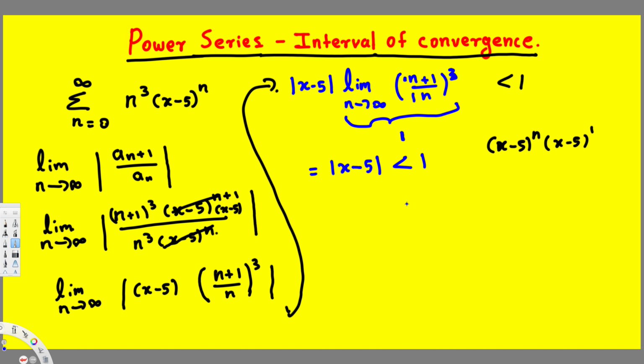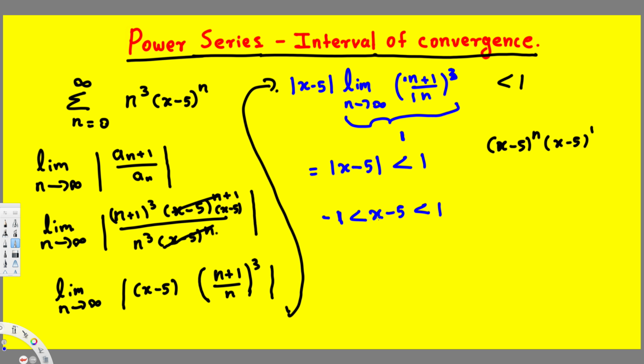Now what we have to do is find the interval of convergence. To find that, since this is an absolute value, we take this between negative 1 and 1: x-5 between negative 1 and 1. Then if I move this 5 to this side, it is going to be positive, right?